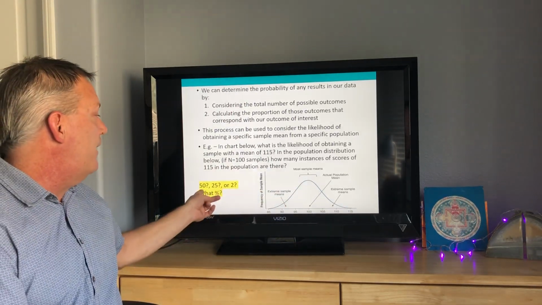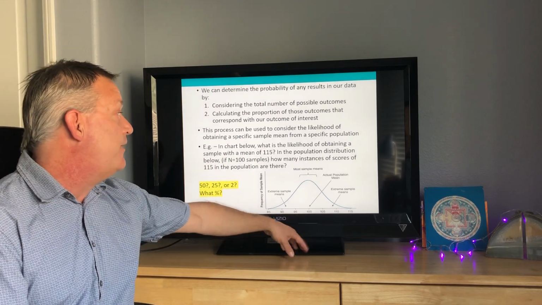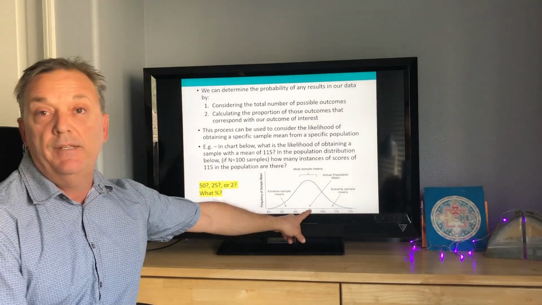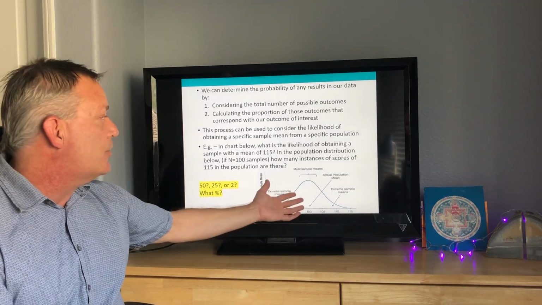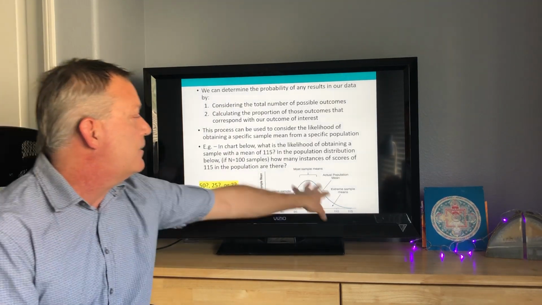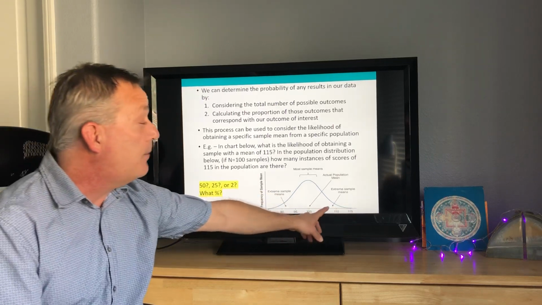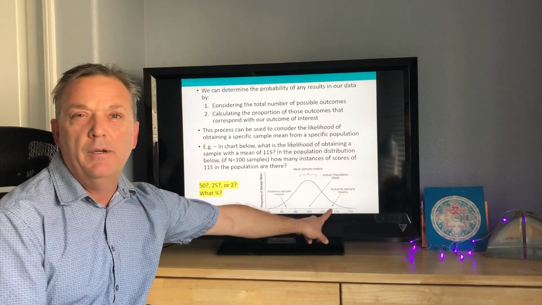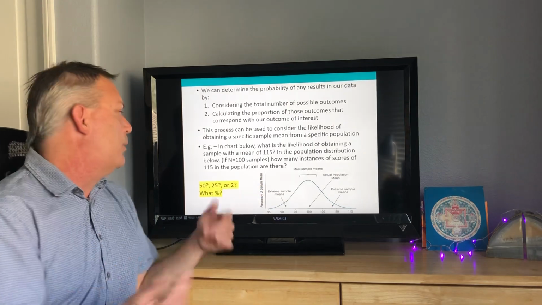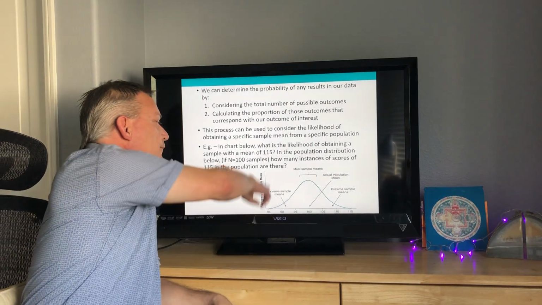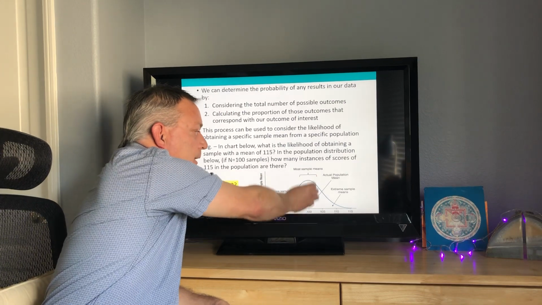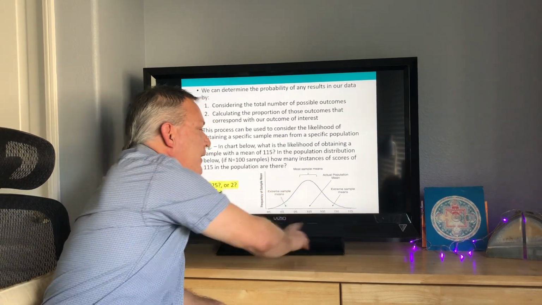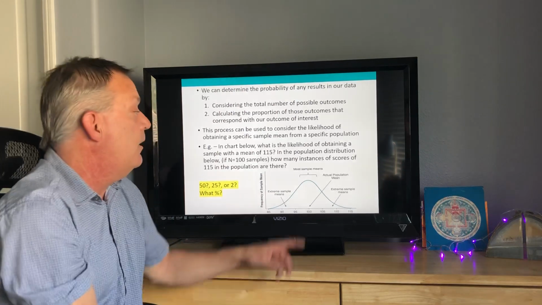So obviously it's not 50, right? Because if there were 50 out of 100, that would be the exact middle. So might there be 25 of those scores in this distribution? Probably not. That's probably going to be right here. If you look at the frequency of scores, the majority of them are in the middle, and then they tail off in this symmetrical distribution.